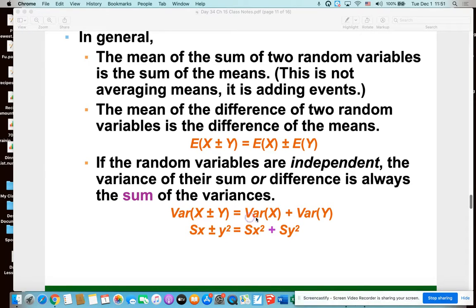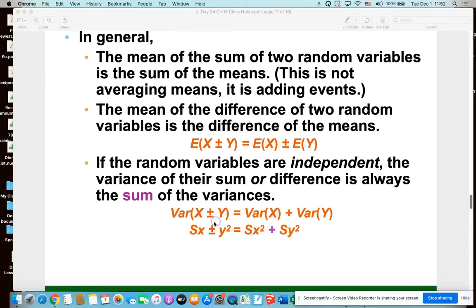Whenever you want to add or subtract a couple of sets together, like the weight of a box and the weight of the content that went in it, and you want a total weight of a box, you can add their variances together. You can't add the standard deviations. It doesn't work. You have to add the variances together. So it's like standard deviation squared plus standard deviation squared.